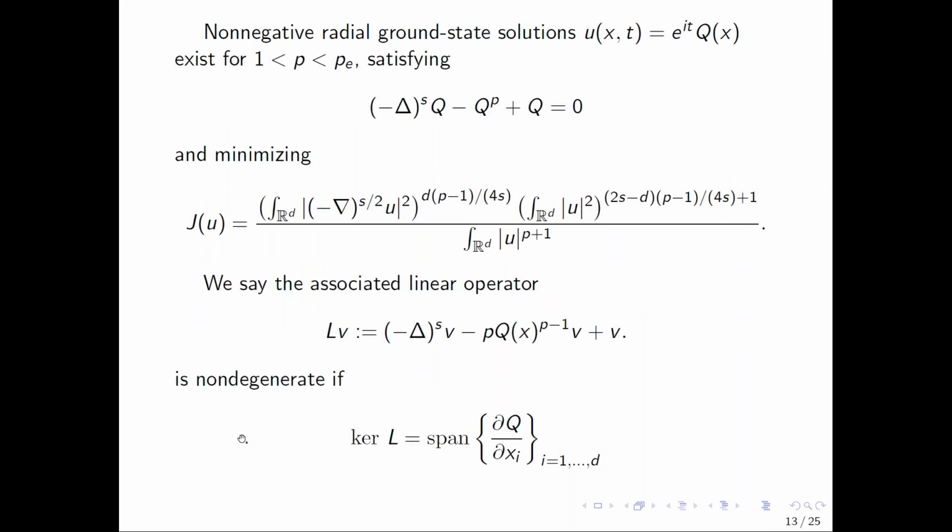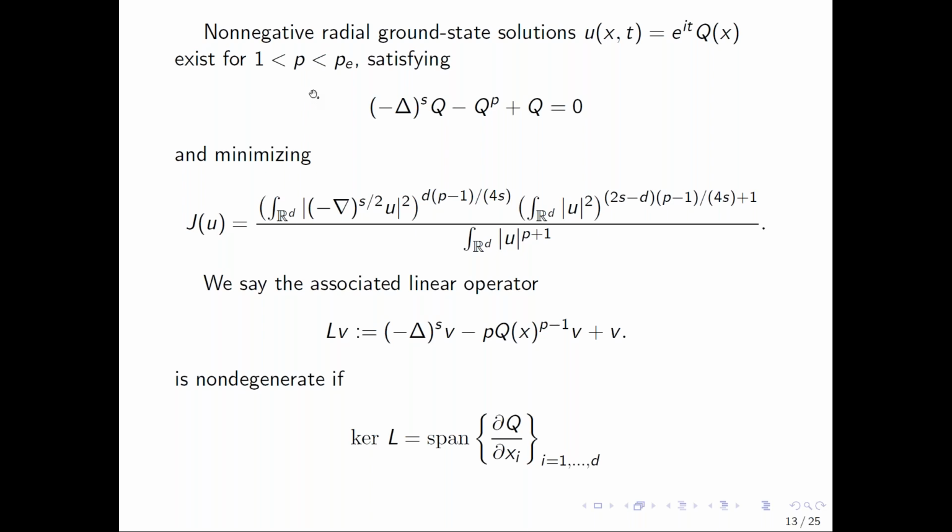And for the analog of the existence theorem for ground states for the fractional nonlinear Schrodinger equation, the same methods used to prove existence for the NLS work for the fractional NLS. You can prove existence of ground states by minimizing this version of the Weinstein functional. That again is a concentration compactness argument.